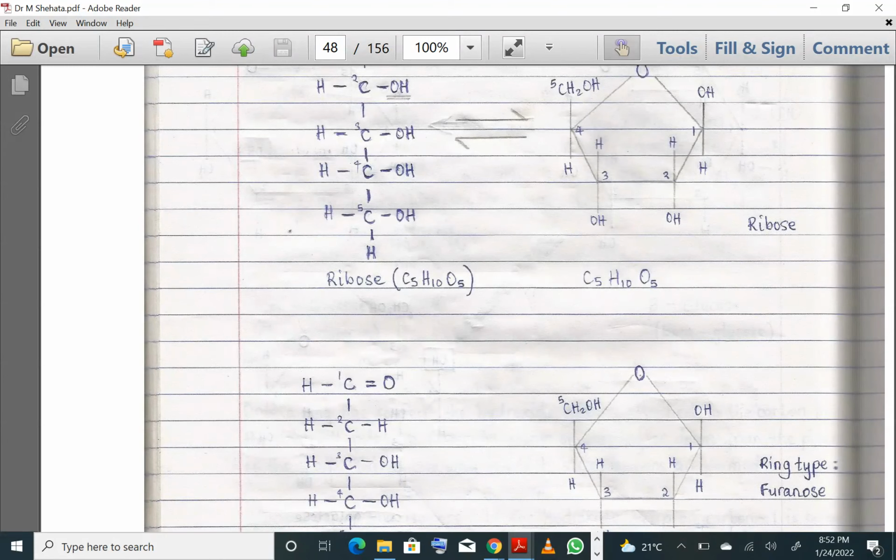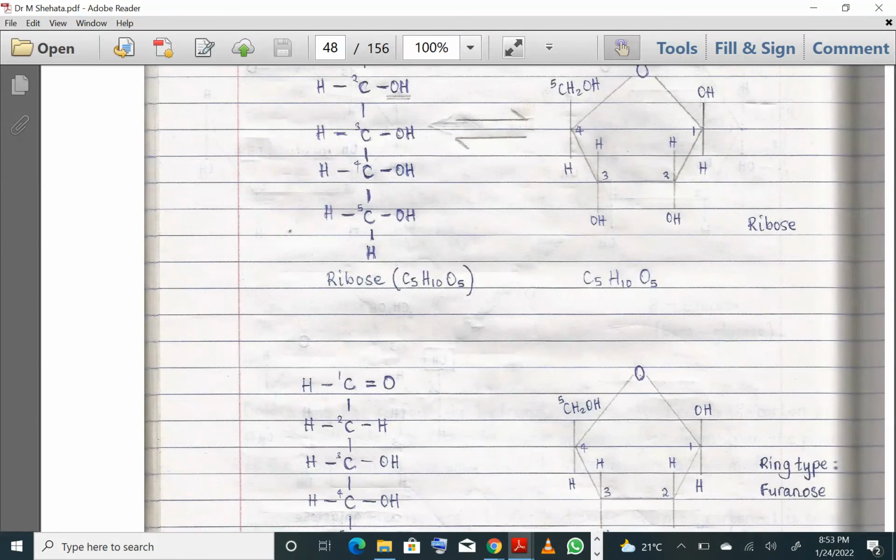Furanose. Now, where does the name come from? Why is it that one is called ribose and the other one is called deoxyribose? So what does it mean when we say oxygenated blood and deoxygenated blood? When we say oxygenated blood, meaning it's got oxygen, the red blood cells have got oxygen, right? But when we say deoxygenated blood, meaning it's lost oxygen.